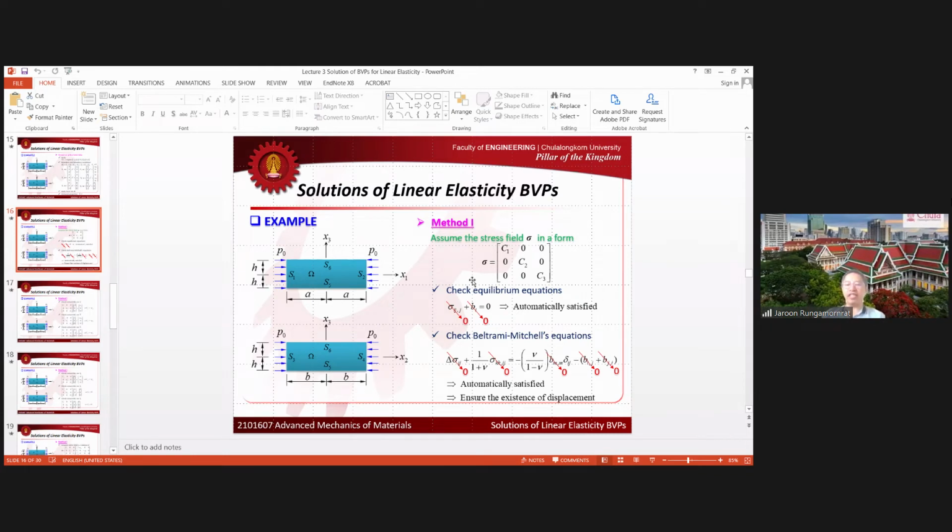It's simple in the sense that if you can guess the right form or a good form at the beginning, the rest of the process is simple because you don't need to solve equations. You just simply check the conditions.